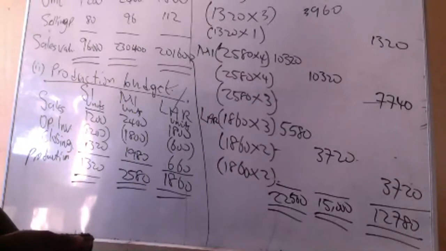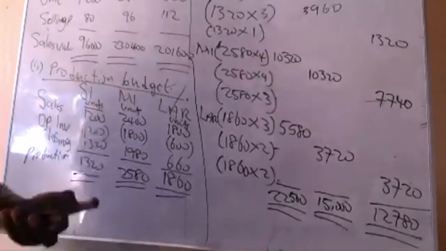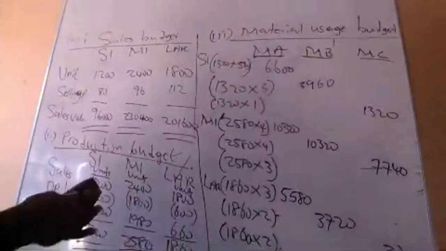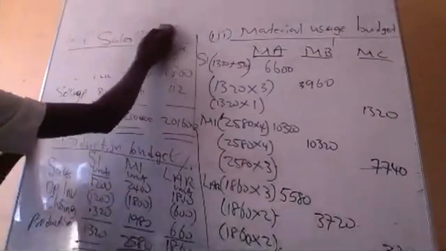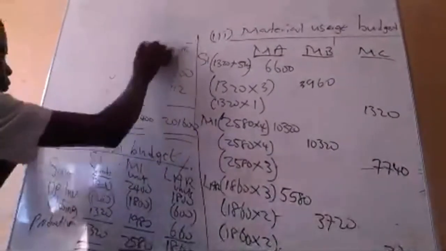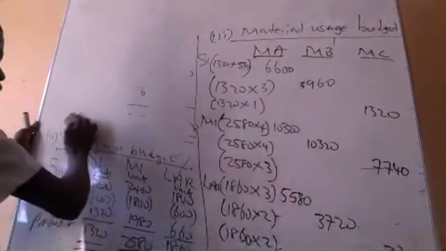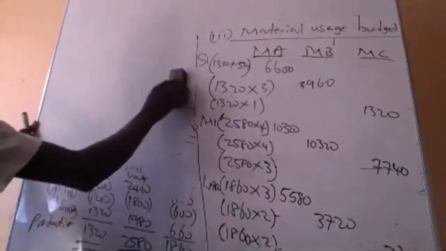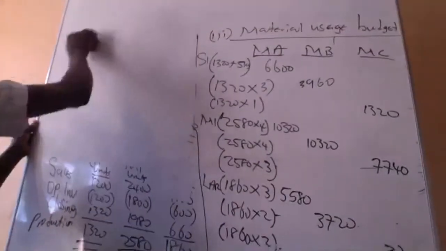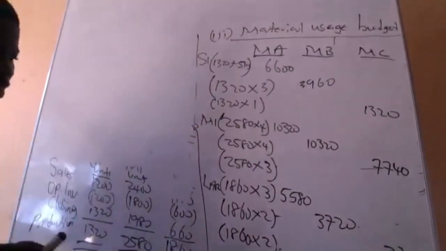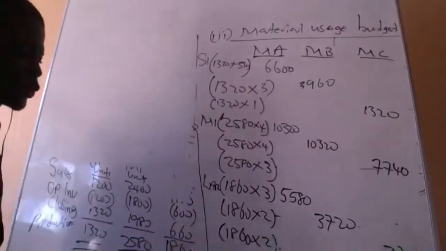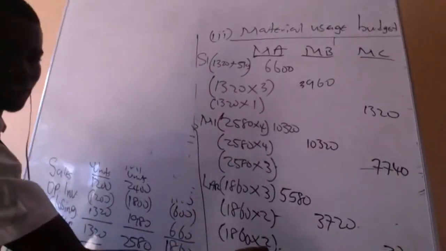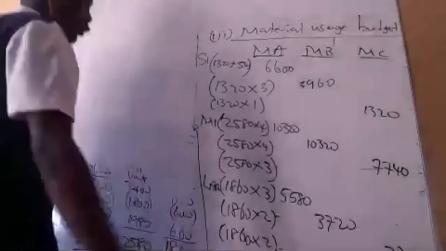We can move on. Okay, that's fine. Good. So let me end this session and do the last bit here. The last bit will be the material purchases budget. Now, this is what we need. I normally call it the materials that we need, which we can just calculate.